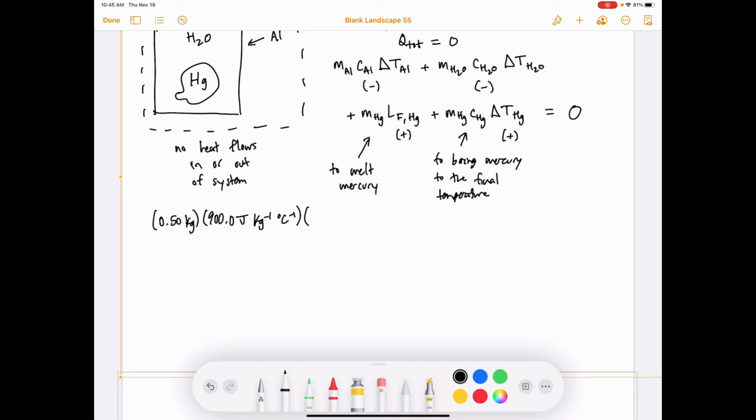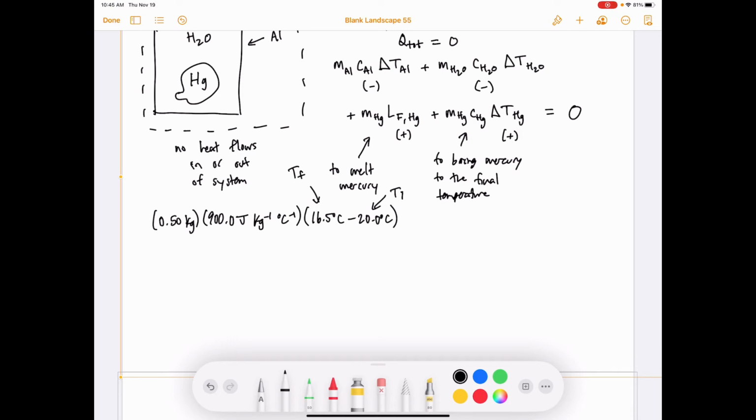So that's going to be T final 16.5 degrees Celsius minus T initial, which is 20 degrees Celsius. Okay, so the aluminum starts off at 20 degrees Celsius. So that's T initial right here. And then it ends up, like everything else, at a final temperature of 16.5 degrees Celsius.